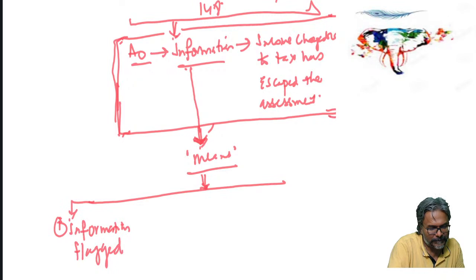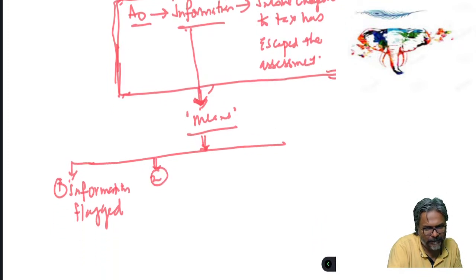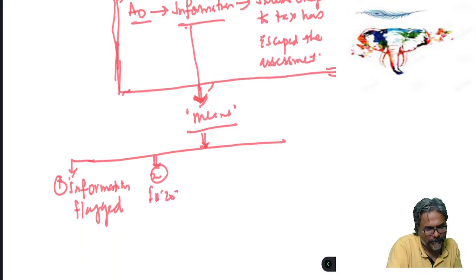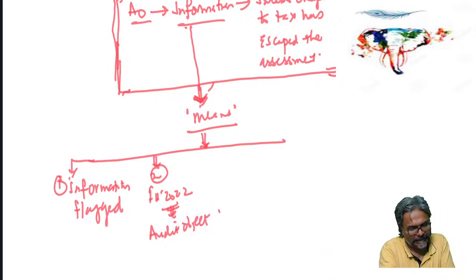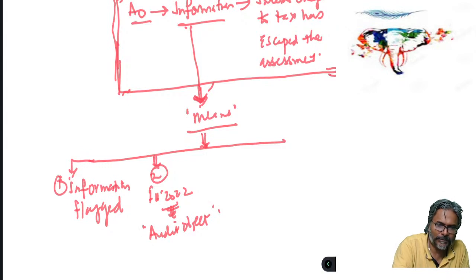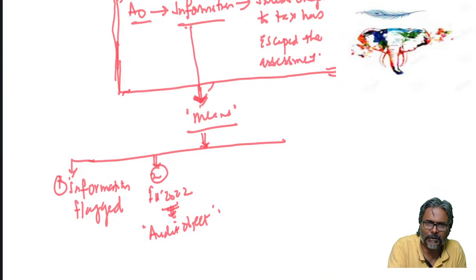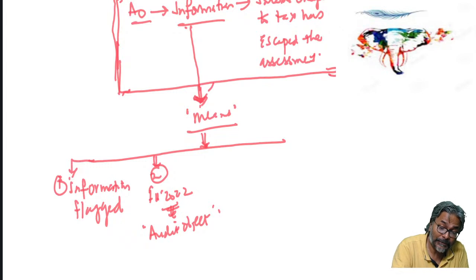The second one, students, is an amendment of Finance Act 2022, and that has to do with the audit objection. Even now, on the basis of the audit objections made for a particular AY, the assessing officer can proceed to do the assessment.